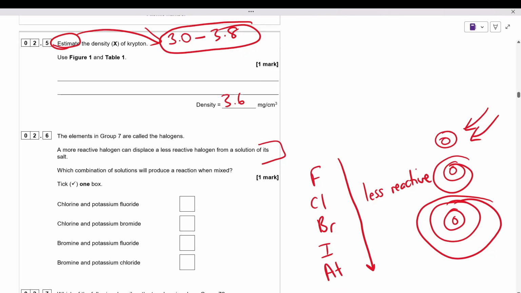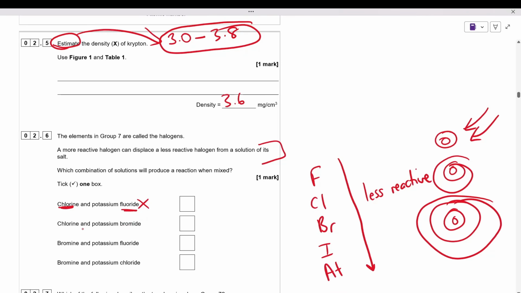Okay, so now let's look at which combination would actually produce a reaction. We have chlorine reacting with potassium fluoride. We're comparing the chlorine and the fluoride in this case. Fluoride is more reactive, so this displacement reaction will not be happening. Chlorine is not powerful enough to displace that fluorine.